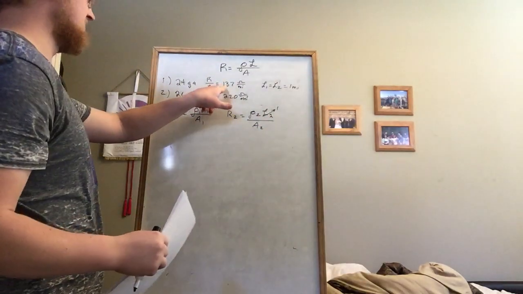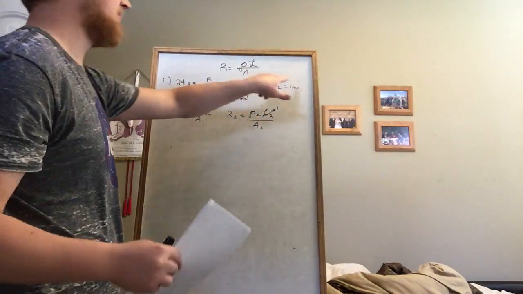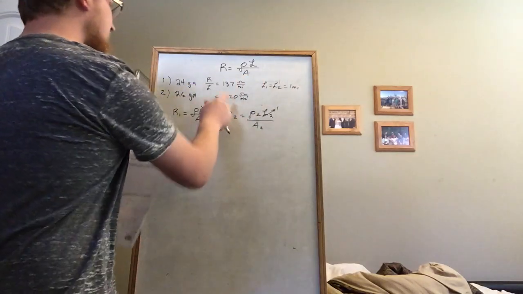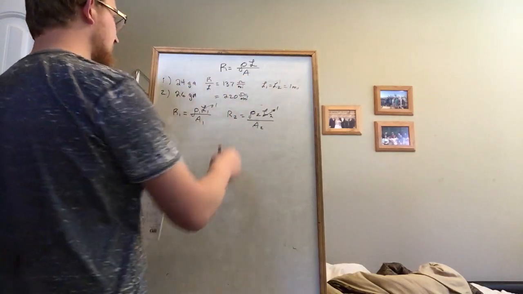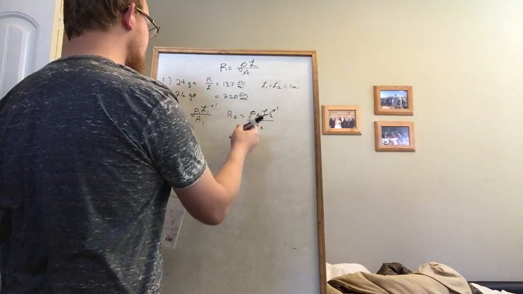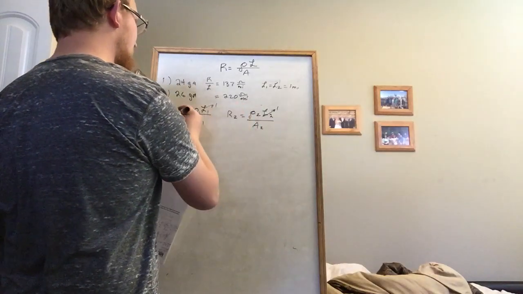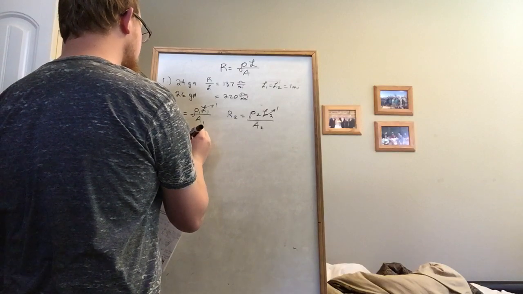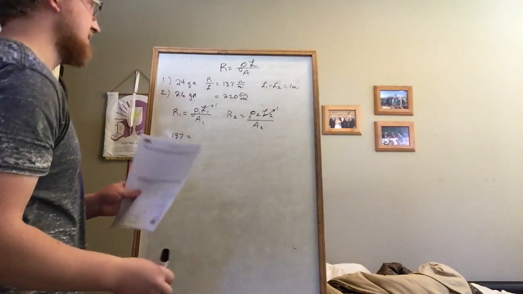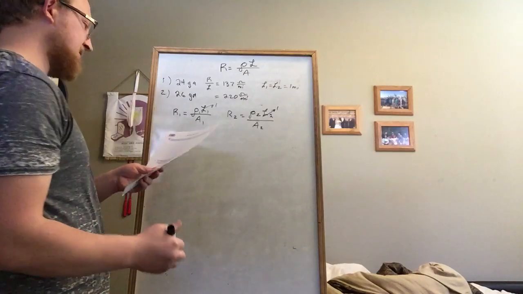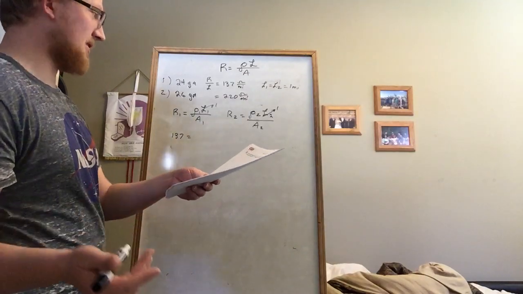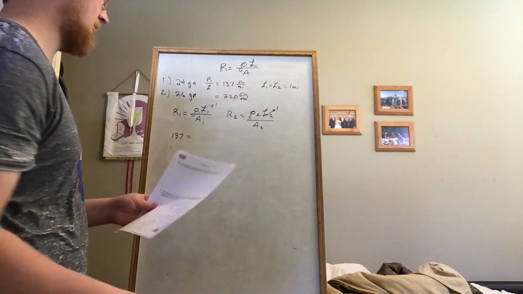You'll notice if I multiply 137 ohms per mile by 1 mile, I'll just end up with 137 ohms. Likewise for the 220. So for R2, it's going to be 220, and for R1, it's going to be 137 ohms. I'm not going to write the units on this one. Resistivity 1 is copper, and so is resistivity 2. These are both copper wires.